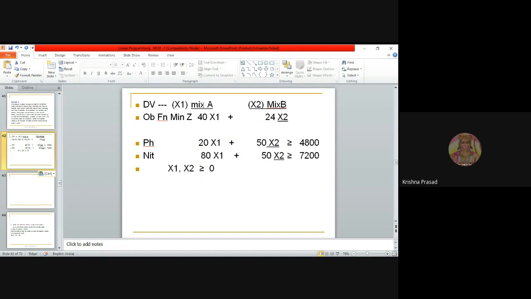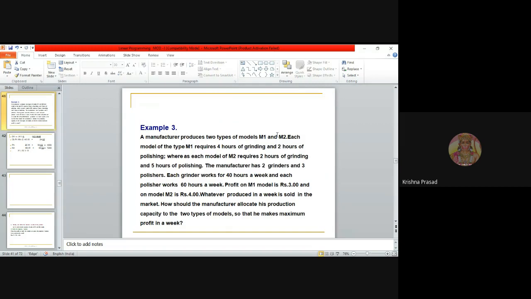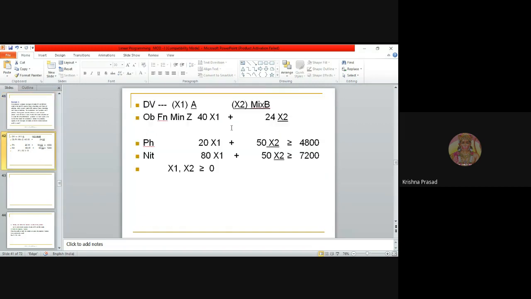Now the decision variable is type 1, which we are having here. The decision variables are two types, M1 and M2. Let us make them M1 and M2. Two decision variables. The objective function is to maximize. Here they have given profit.